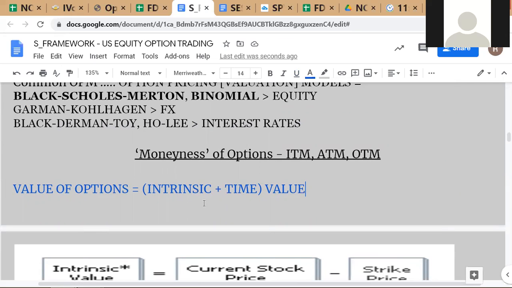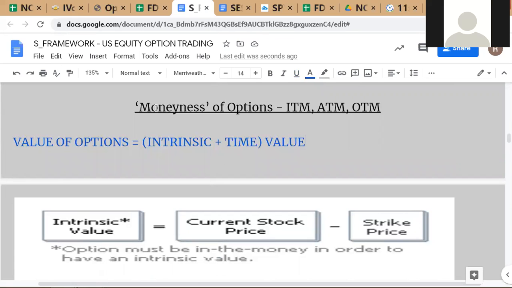Okay, so the important learning in this particular module is key terms like this. First is the term called moneyness. Okay, this is important. You need to understand what is meant by moneyness. If you're talking about moneyness of options, what we are referring to is whether this option is in the money, at the money, or out of the money. That's what we mean. So obviously you have to understand these three terms as well.